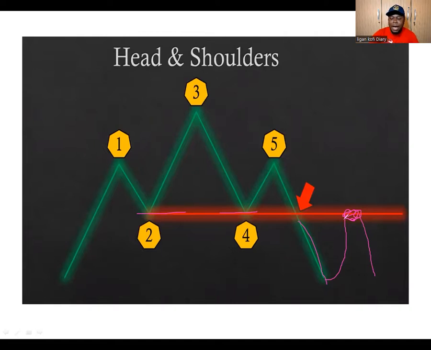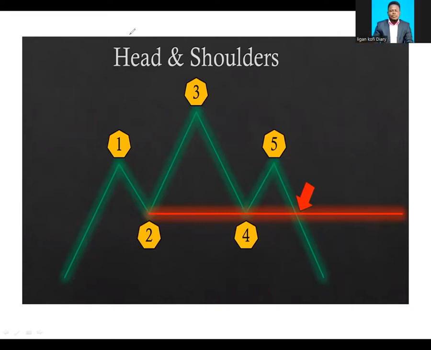Because sometimes it can come back to this neck over here and then break through the neck and continue and go back up. So the fact that this has come back to the neck, let me go to the next slide so that you can see it better. I have a better shot on that one. Let me go to the next slide. Good.